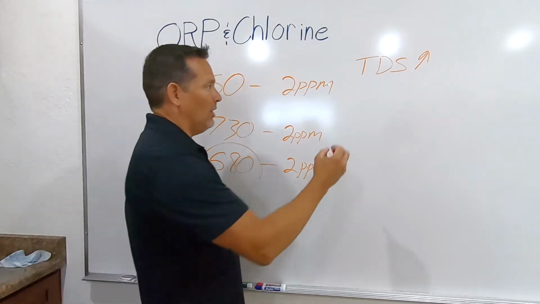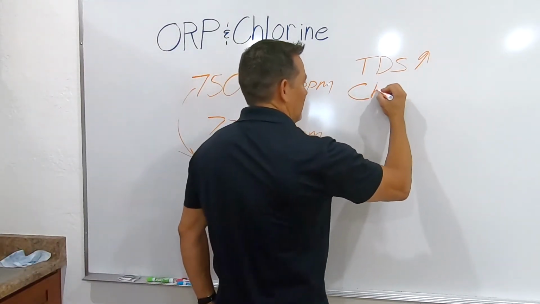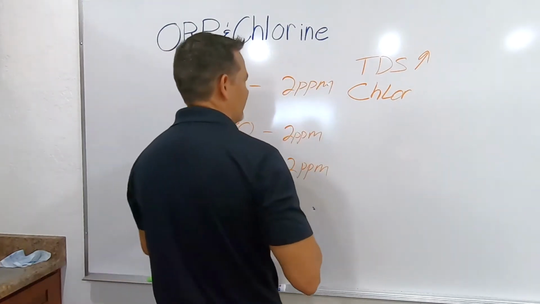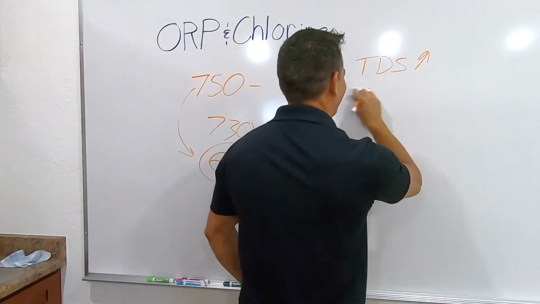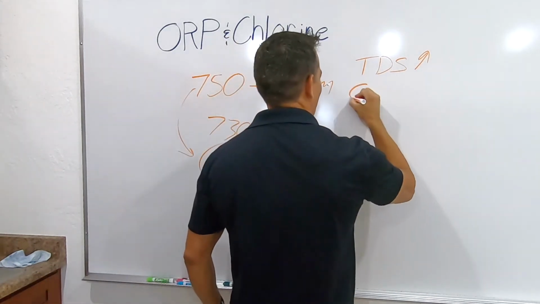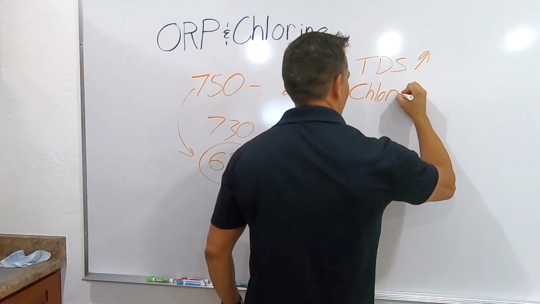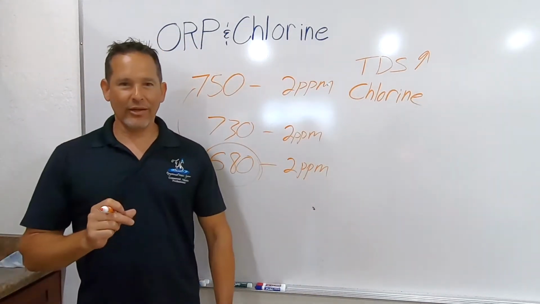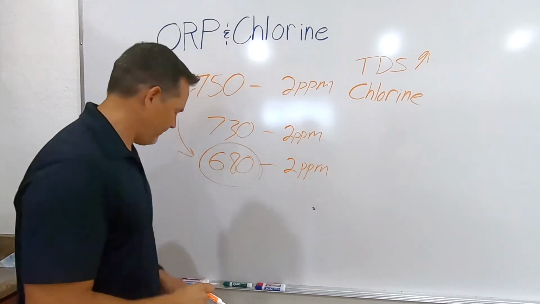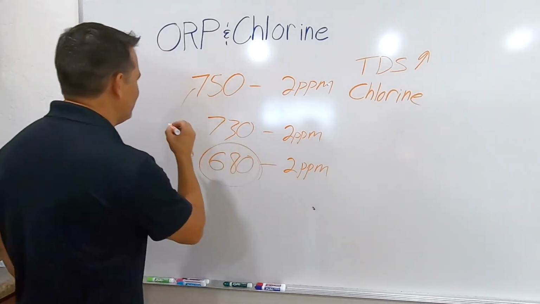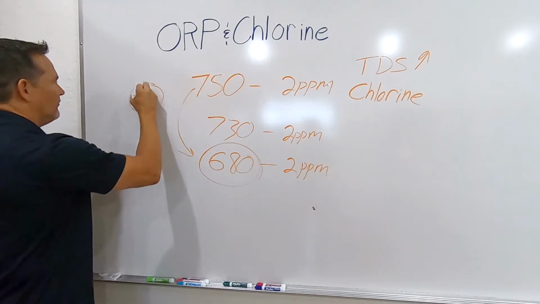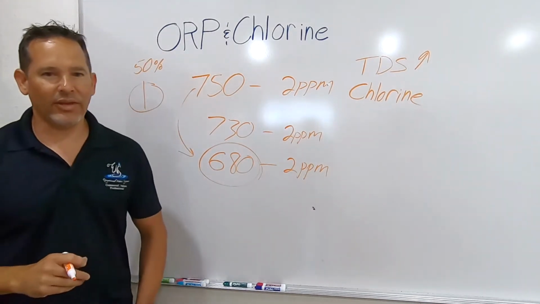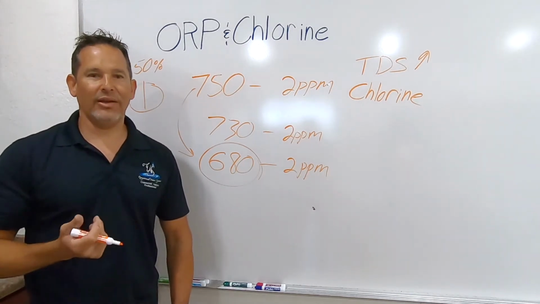So that's number one. What type of chlorine are you using? If you're using the little 3-inch tablets, keep in mind 50% of those tablets is what they call stabilizer, or cyanuric acid.